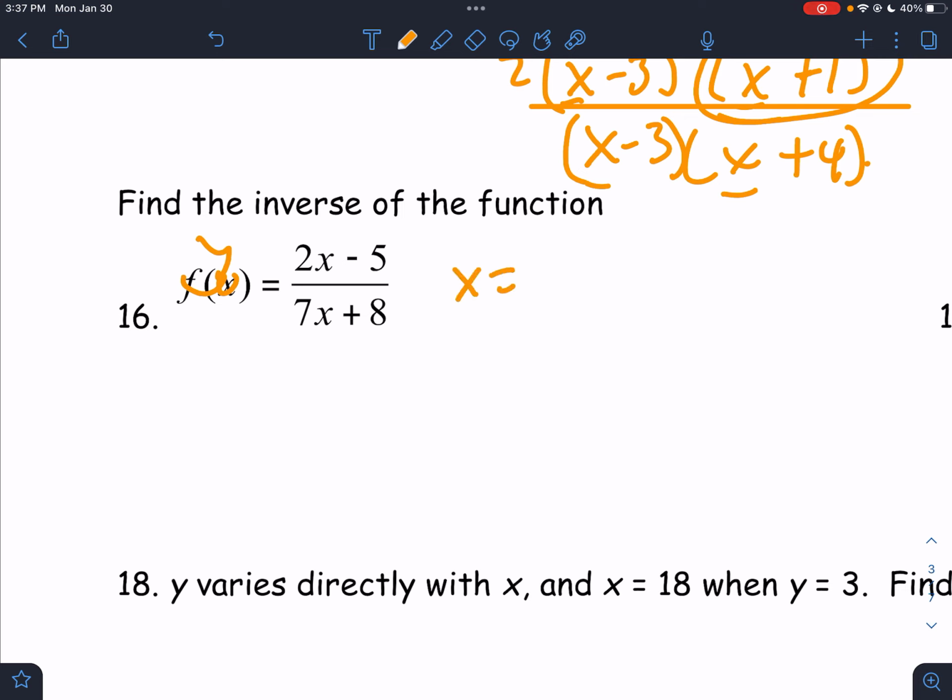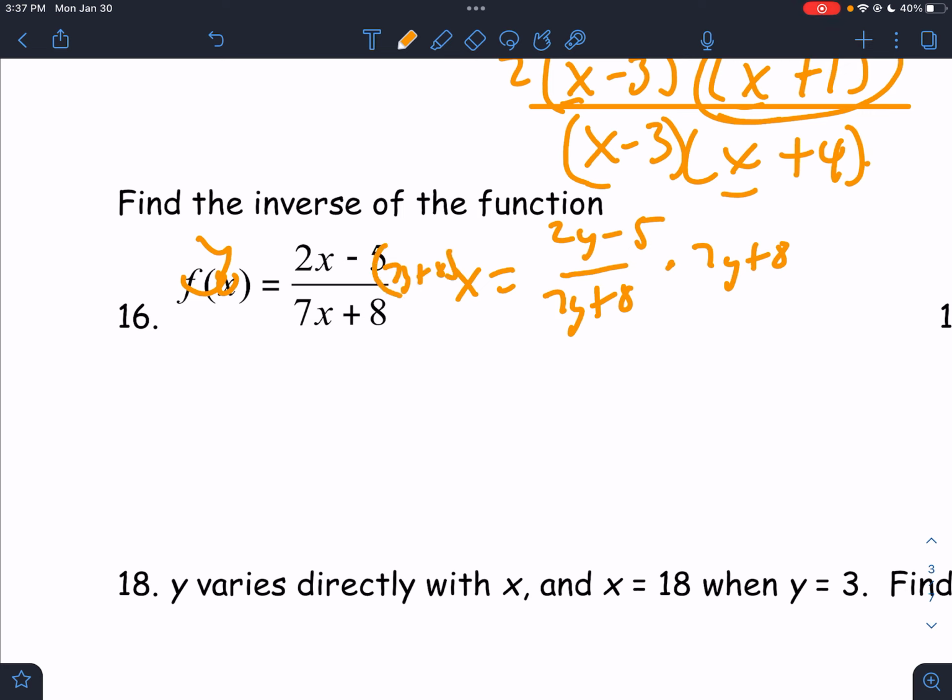So x equals 2y minus 5 over 7y plus 8. This is not going to be an easy problem for most people here. So we are trying to solve for y. We're going to multiply both sides by 7y plus 8.